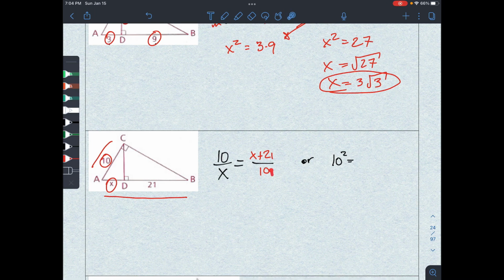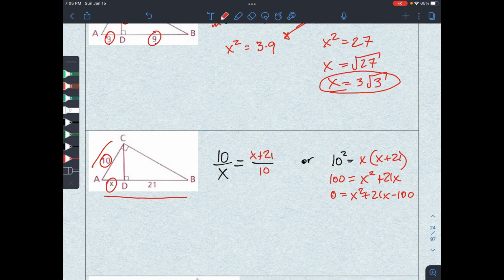Notice how you'll always have those two matching up in the diagonal. So 10 squared is the geometric mean between x and x plus 21. So we get x squared plus 21x equals 100. Good old quadratic equations.